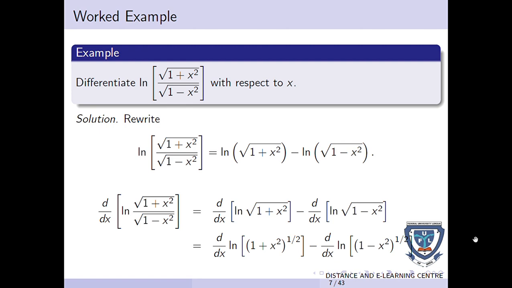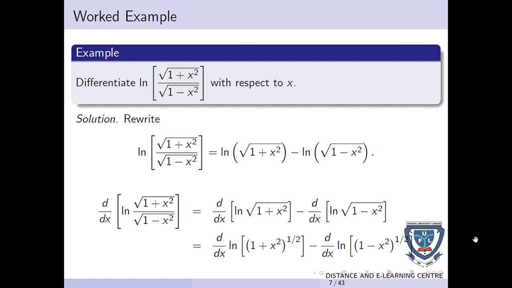When you have a quotient, it is the same as subtracting the denominator from the numerator. And when you have a product in logarithm, it is the same as addition. So this is what we have done here specifically by separating them.